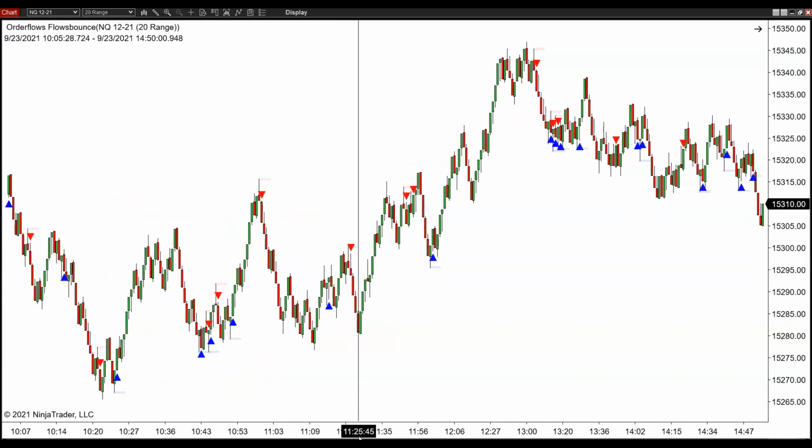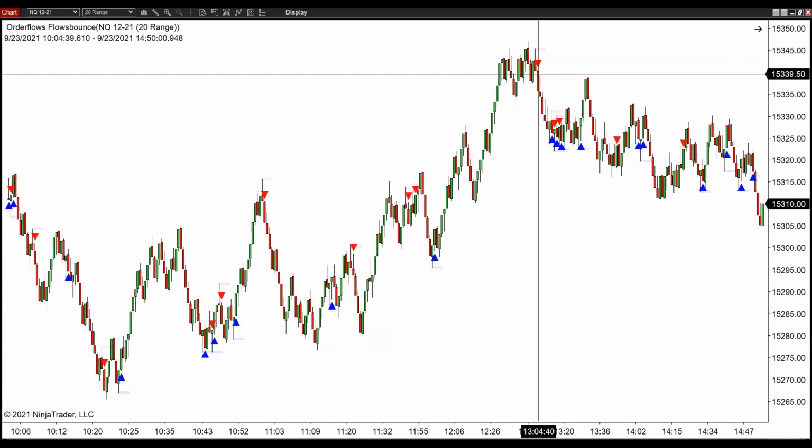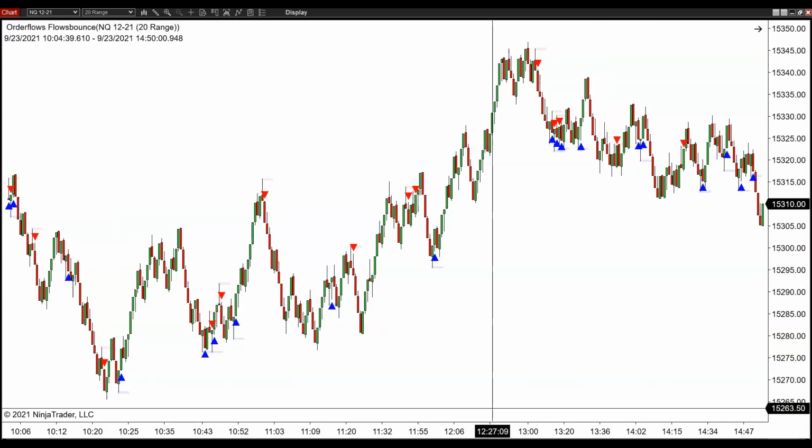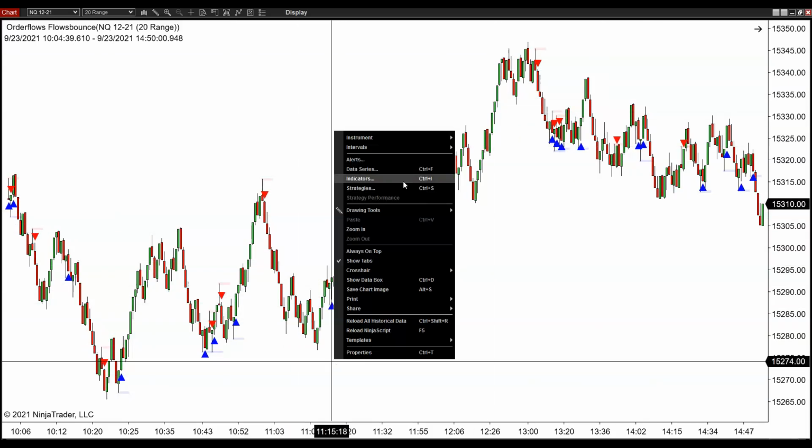So this is a 20 range chart on the E-mini, on NQ. But again, it's not a chart that I normally look at, so I'm not familiar with the price activity. I'm not trying to shy away from anything, but when you're looking at markets, you have to understand your markets.